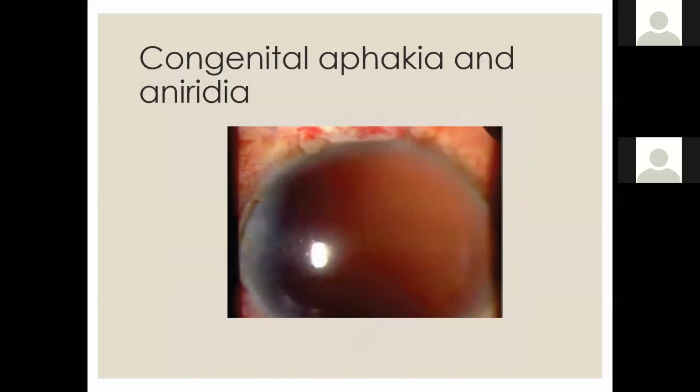Congenital aphakia and aniridia, as the name indicates. Aphakia means absence of lens, aniridia means absence of iris. These structures will not be found if the lens vesicle is not coming in contact with the surface ectoderm, and ultimately lens as well as iris is not found.